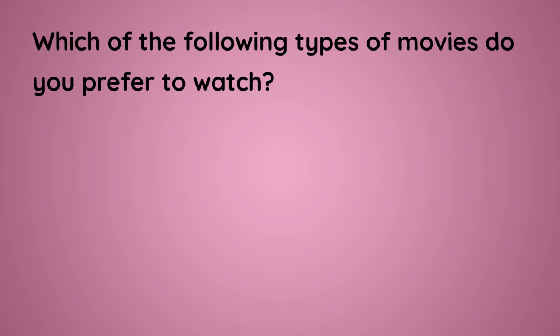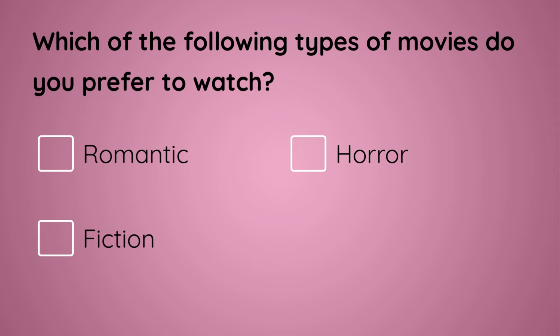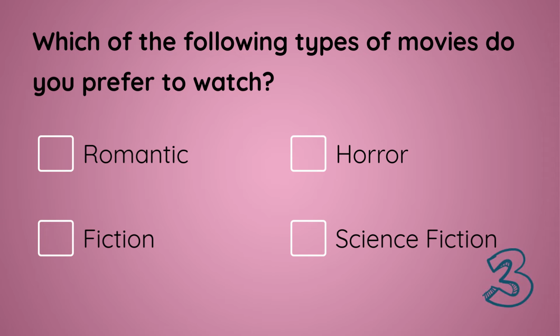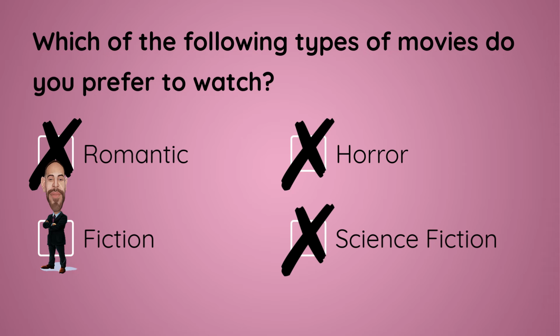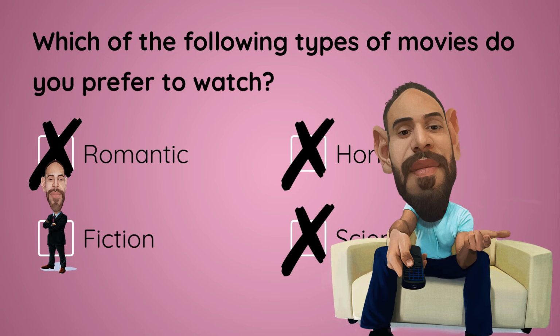Which of the following types of movies do you prefer to watch? Romantic, horror, fiction, science fiction. In all of the above questions, the reader can choose one or more options, and there is no limitation for them.